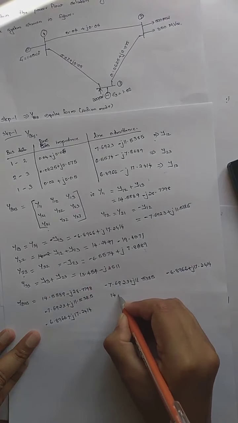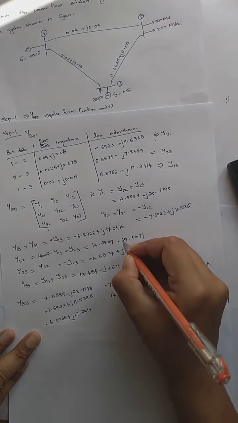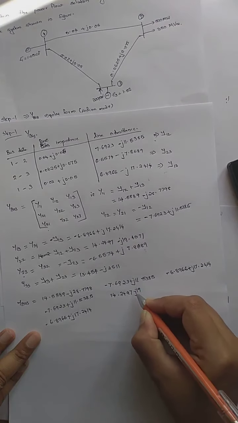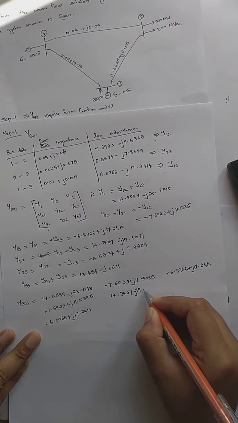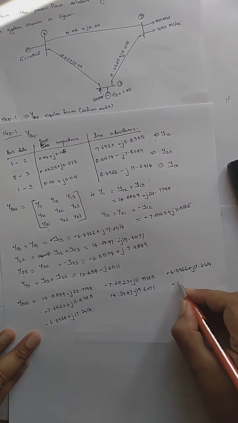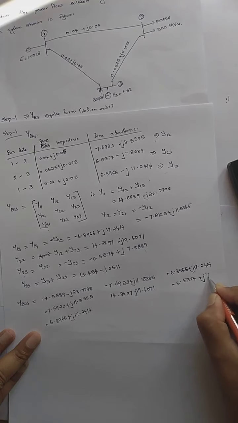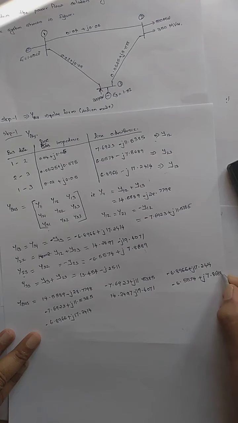And what is the Y22 value? It is 14.2497 minus j 19.4071, and Y23 is minus 6.5574 plus j 7.8689.